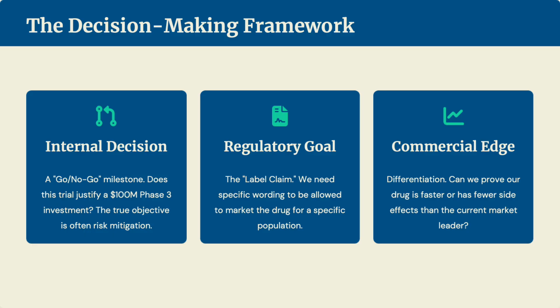What exact words do you want on the drug label for a specific population? And third, commercial aims. Can we prove our drug is faster or has fewer side effects than the current market leader? Each of these requires a different statistical approach.